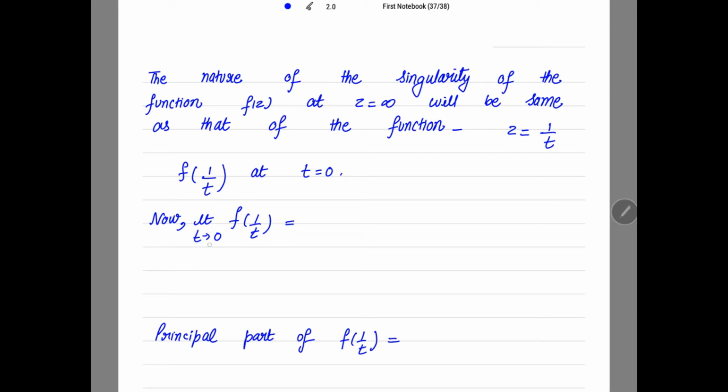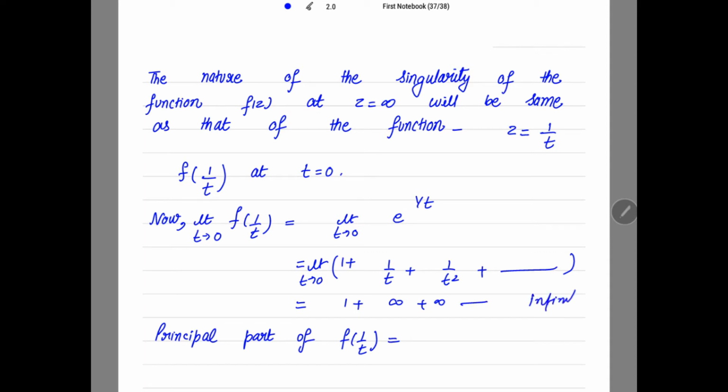Now taking the limit t tends to 0 on f(1/t), that means limit t tends to 0 on e raised to the power 1 by t. This is equal to 1 plus 1 by t plus 1 over t square and so on. Again, I am having an infinite number of terms here, that is equal to 1 plus infinity, and so on. Now the principal part of f(1/t) is what?